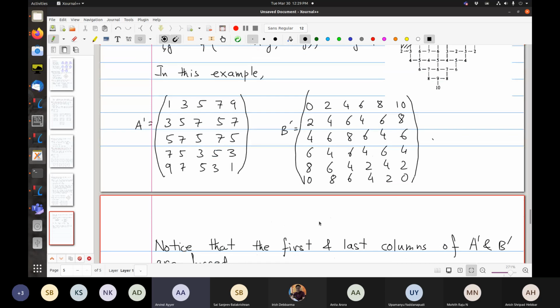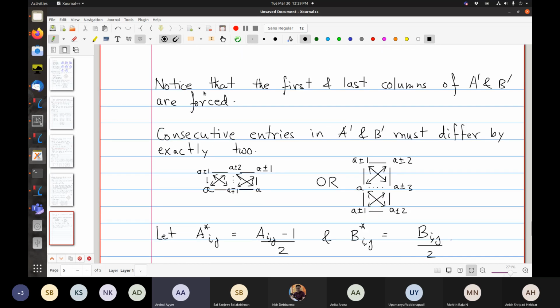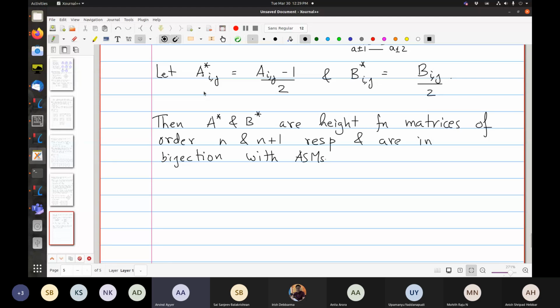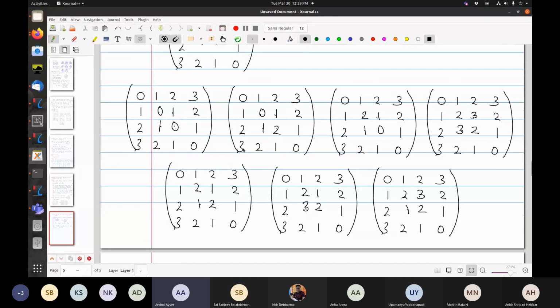So how do you go from a height function matrix like this? How do you, well, not like this, but after reducing everything, how do you go from a height function matrix to an ASM? So can you see? Maybe we can go back here. So here is a height function matrix.